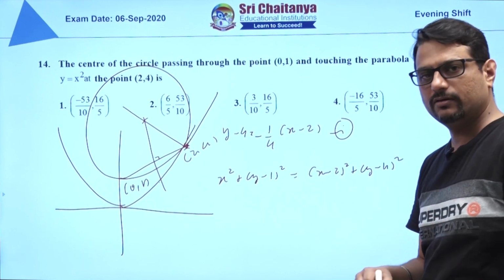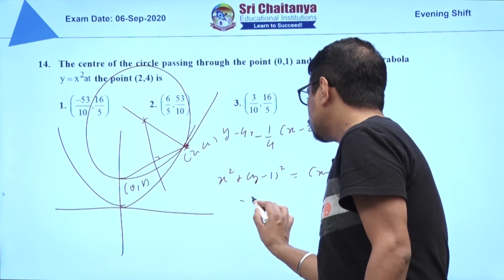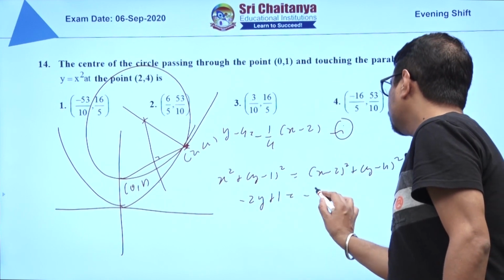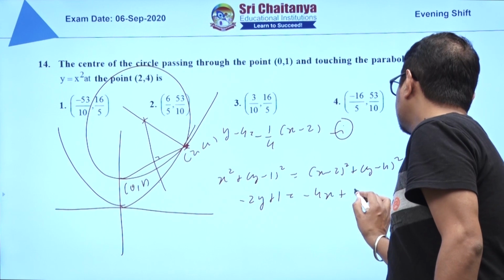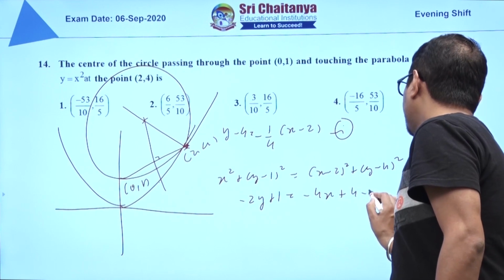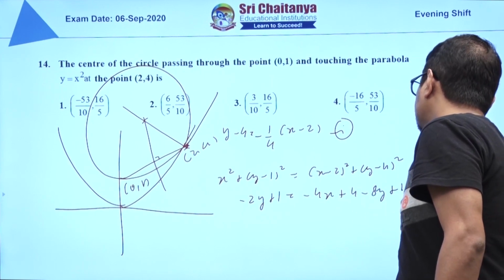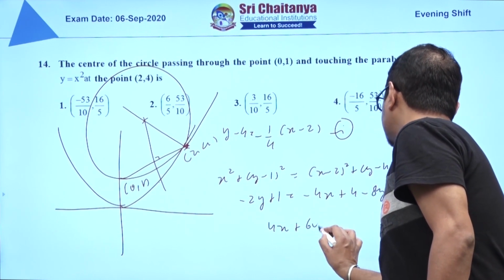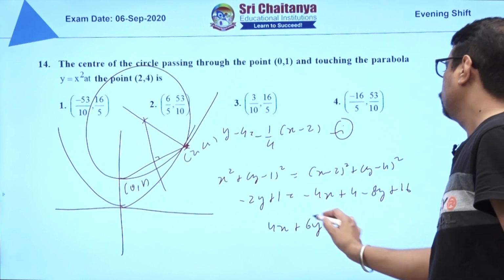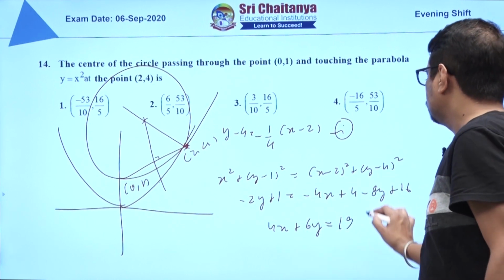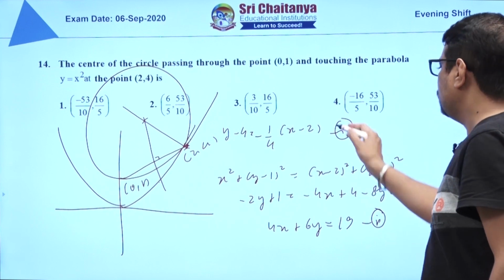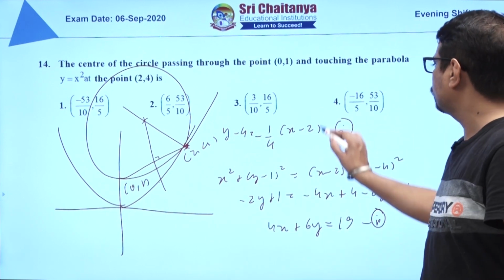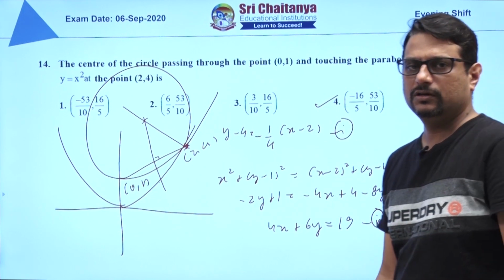X square plus y square will cancel, and here we will get minus 2y plus 1 is equal to minus 4x plus 4 minus 8y plus 16, which will give you 4x plus 6y is equal to, I think, 19. Just check the calculation once, and if you solve these two equations you will get the answer. So just simple solving of these two equations, and the fourth option will be the answer.